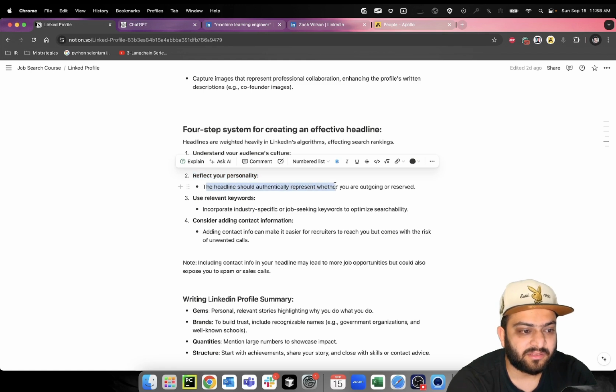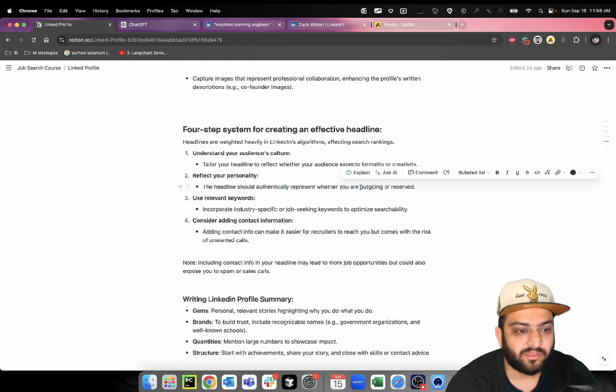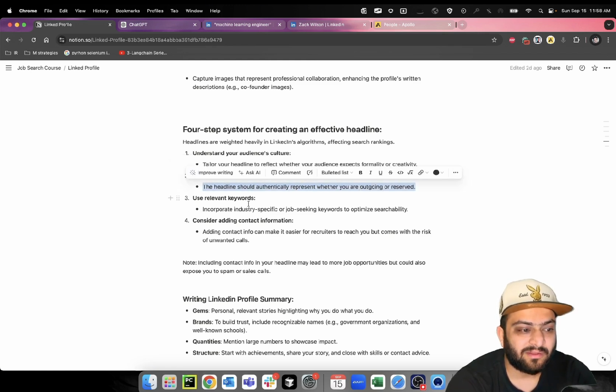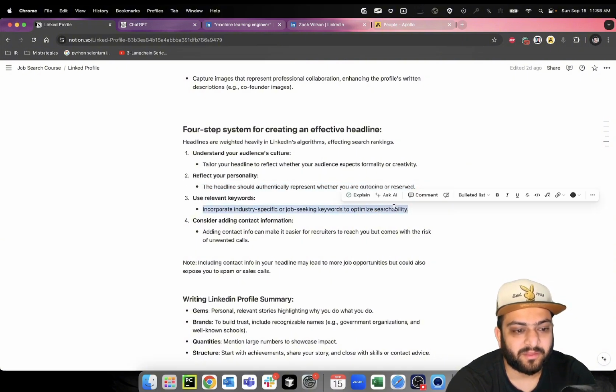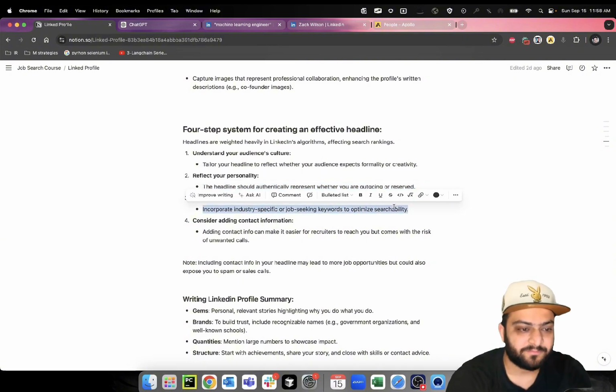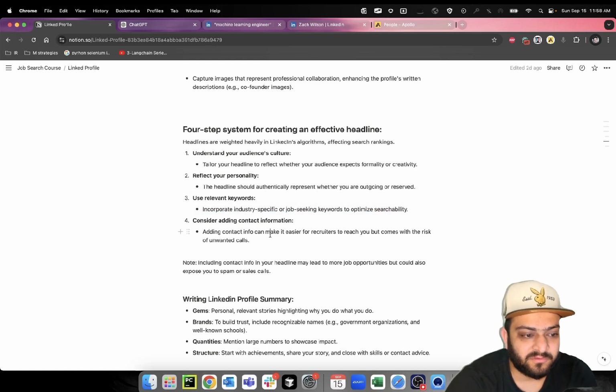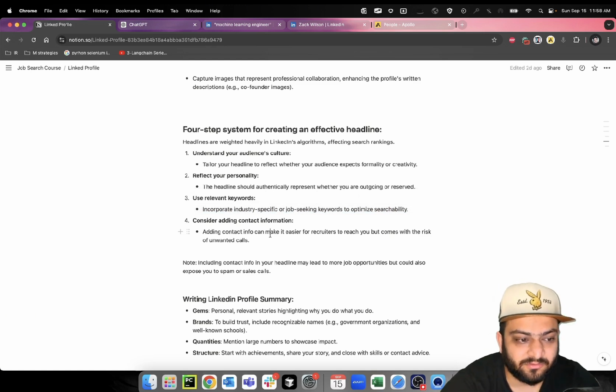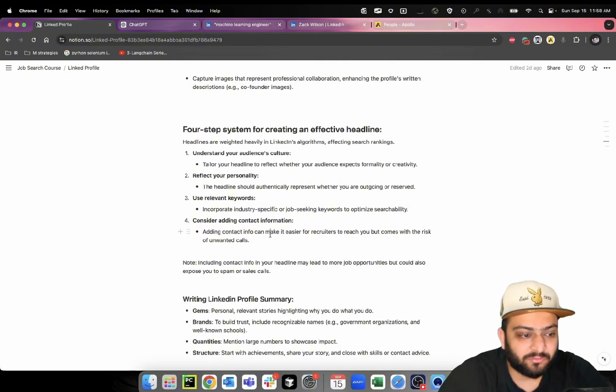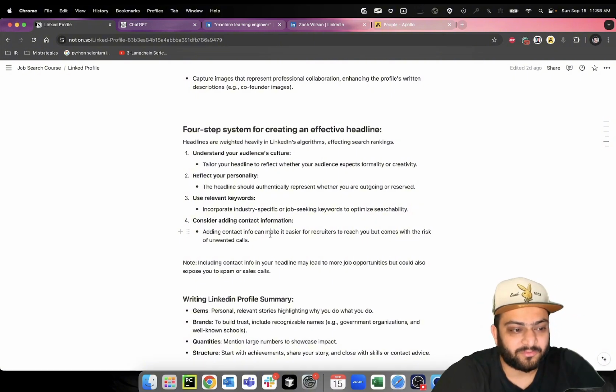The headline should authentically represent whether you are outgoing or reserved. Use relevant keywords. Incorporate industry-specific job seeking keywords to optimize searchability. So in our industry, in general, it's data science, machine learning. Data is the main keyword, and whatever niche you are working in, maybe you can mention those things as well.